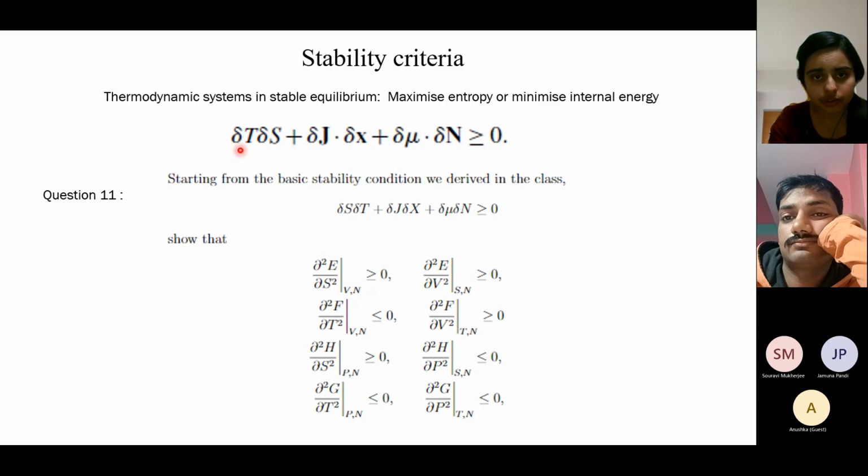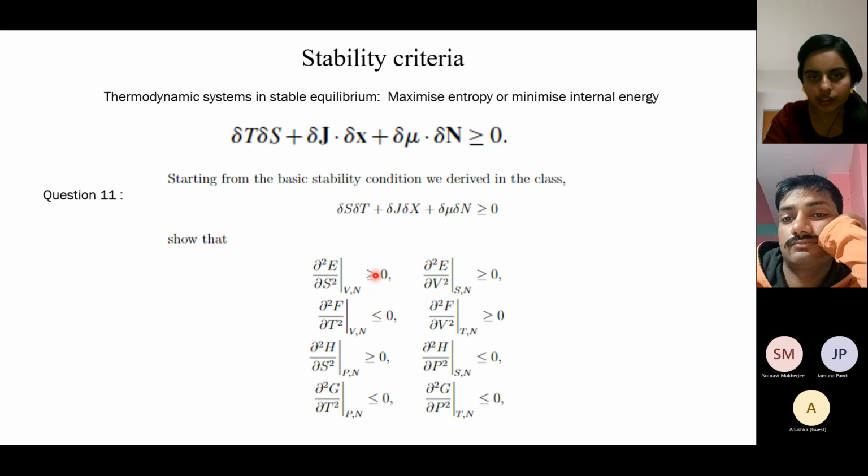Okay, so now if we start with this basic stability condition, we want to derive these inequalities. So these inequalities in a way tell us how the different state functions change as the systems try to reach stable equilibrium.